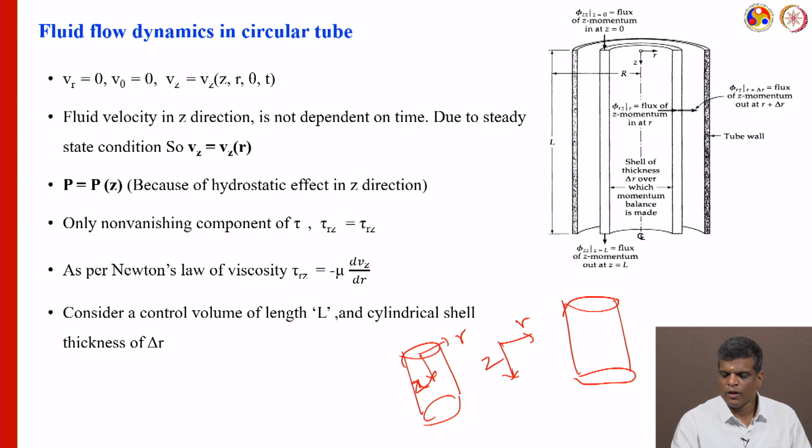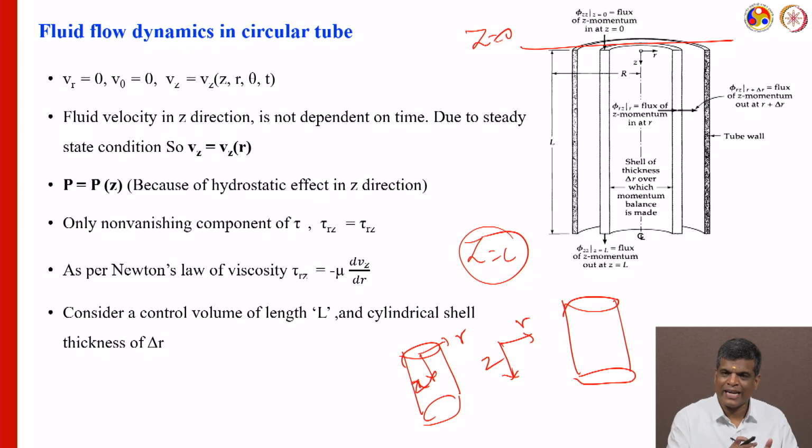Here three things are important: how the velocity looks, and how the shear stress looks. This point is at z equal to 0, then z equal to L. Because of the circular tube, z goes from 0 to L. In the same way we have the radial direction and the axial direction.